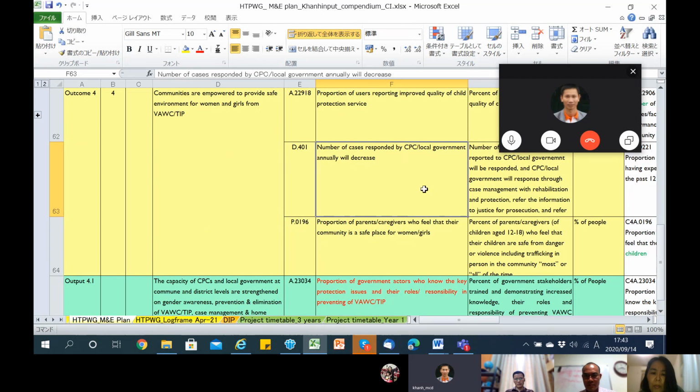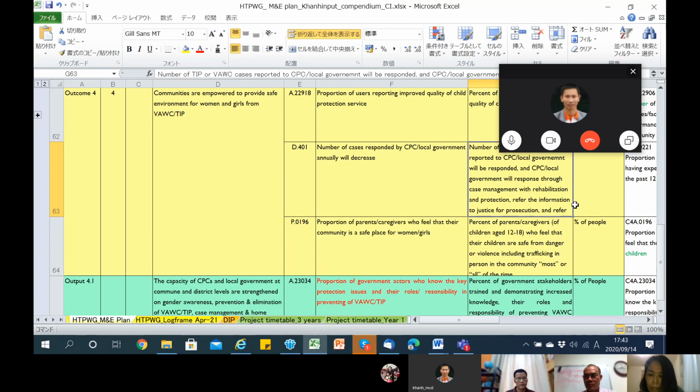But for this indicator, I think the point is it's not just the cases reported to CPC, but the number of cases that CPC responded to. Yes. And we have the definition of what is a response. Right, that's right.